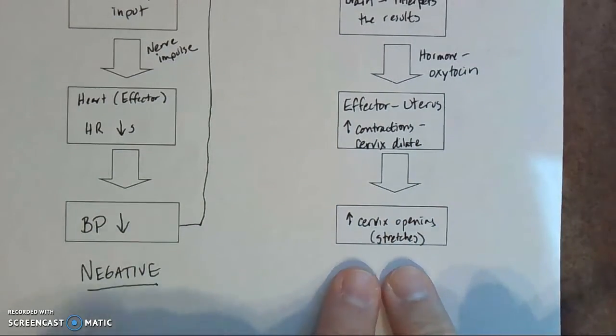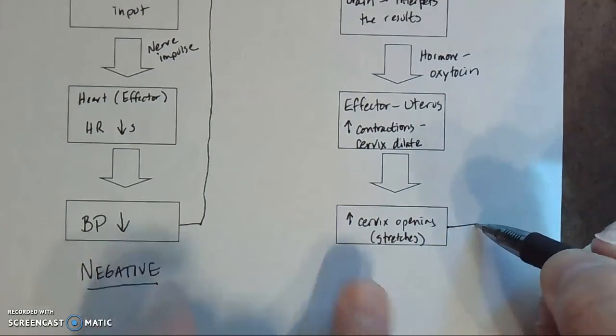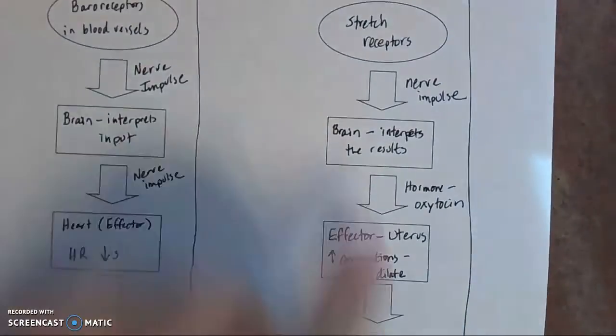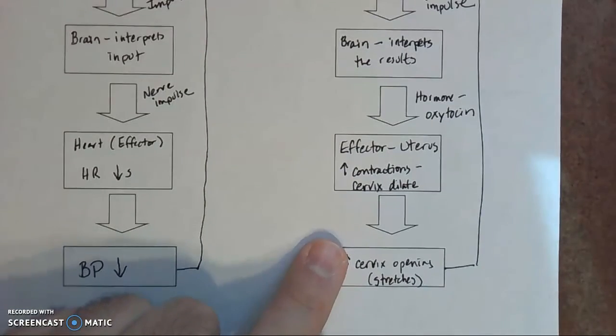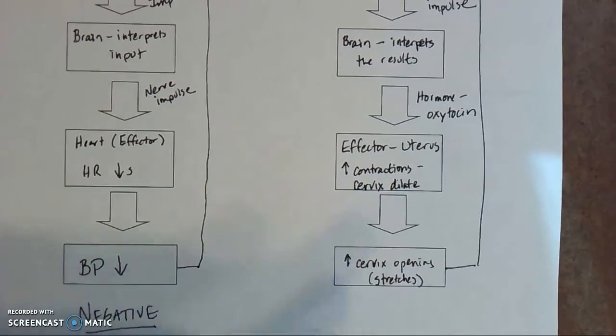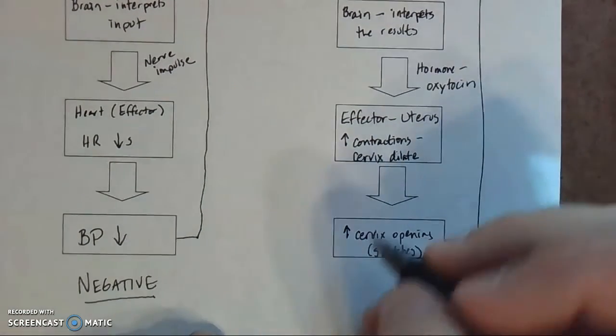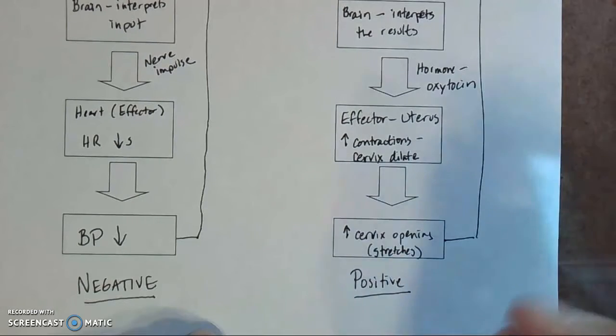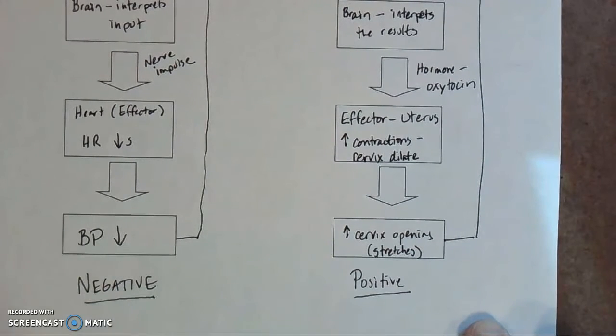Well, if it stretches, this goes back up here, and it causes this whole thing to happen even more. So this is an example of a positive feedback cycle. So the effect of what's going on causes this to amplify.